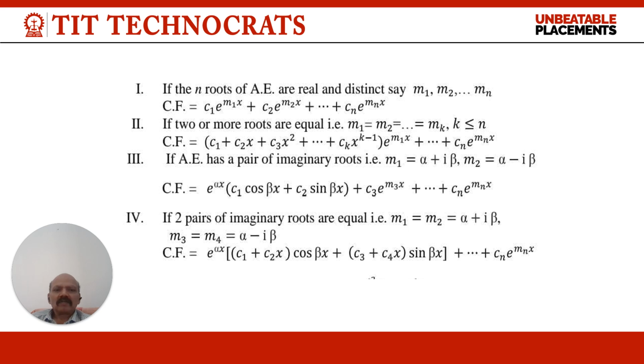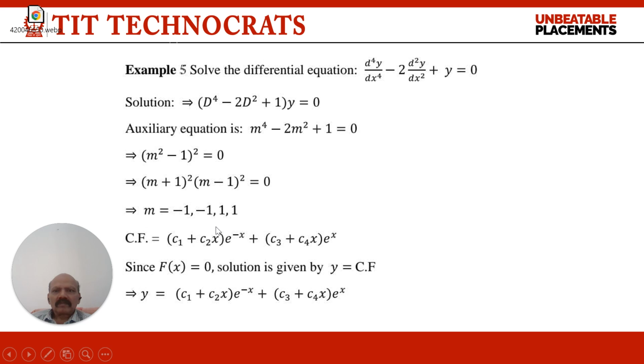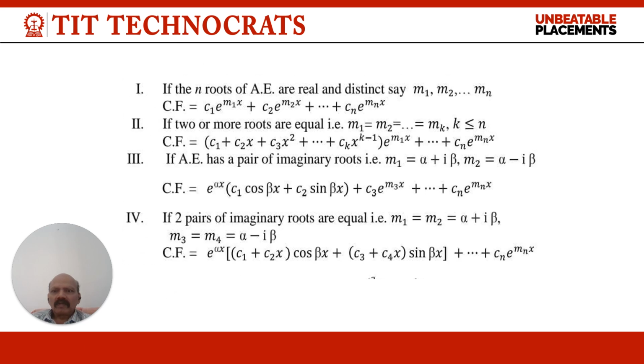How we will put this? It is given here. We will write e raised to alpha x whole into c1 plus c2x into cos beta x plus c3 plus c4x into sin beta x.